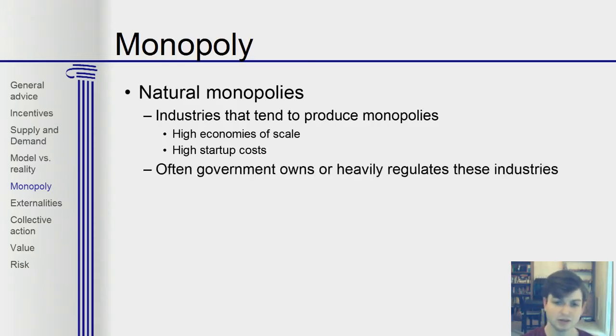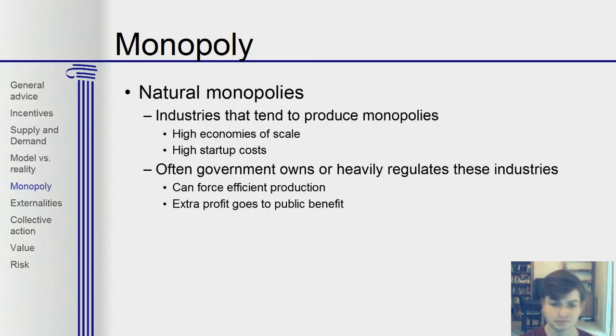The government often owns or heavily regulates these industries, and there's a couple reasons they do it. One thing they could do is, by regulating or owning it, they can force efficient production. When a monopoly otherwise would produce too little of a good, they can force that monopoly company to actually produce more, to not just maximize its profit.